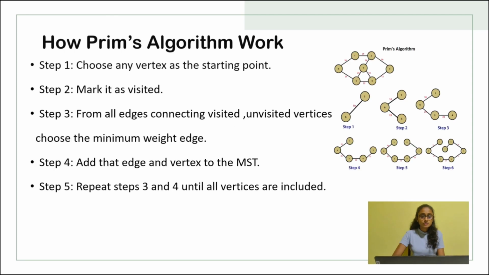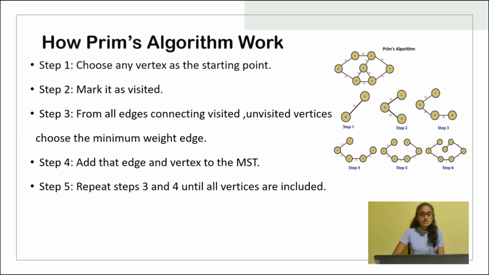Next, let's go through the step-by-step process of the algorithm. I will explain each step one by one with a simple example in mind. Let's write the steps clearly. First one is choose any vertex as the starting point. Second step is mark it as visited.